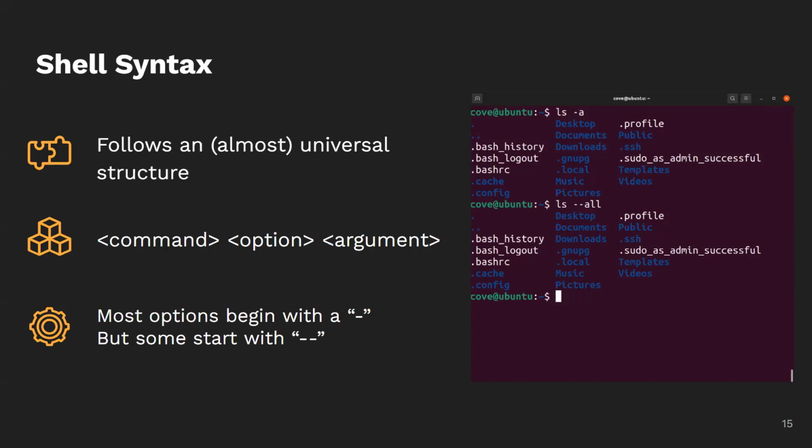A lot of commands that are common will use just a single dash, so -a lists all files, even hidden files. But some that aren't as common do need the double dash. Another thing to note about using a single dash is that you can chain options together. So you can do ls -la to list all files in the long format, which lists the permissions of each file. Next slide.